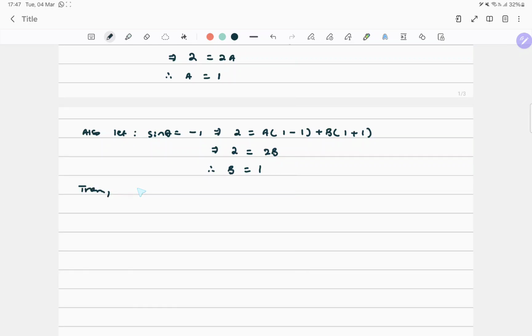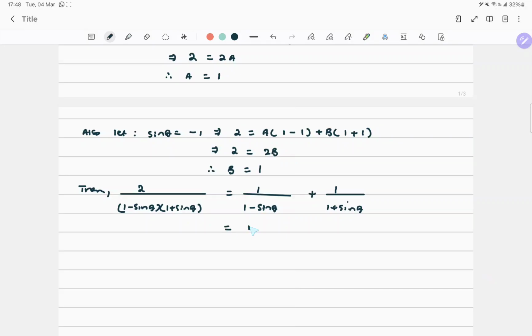we know that essentially 2 over 1 minus sine theta into 1 plus sine theta is essentially equal to 1 over 1 minus sine theta plus 1 over 1 plus sine theta.